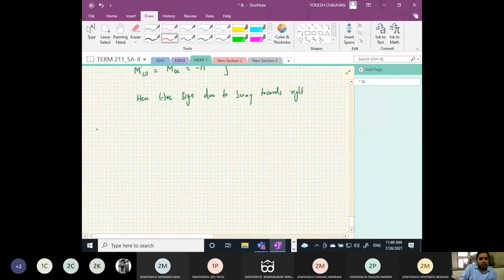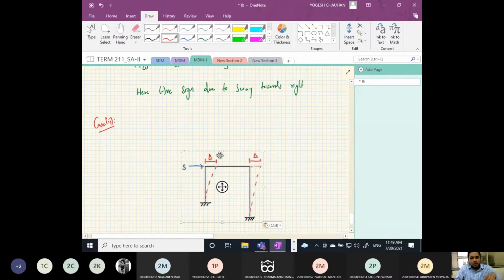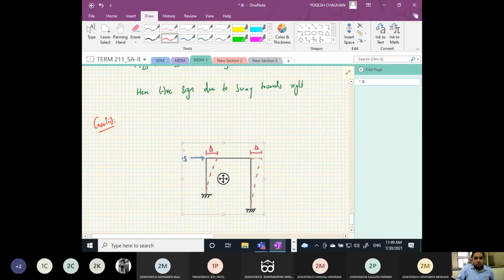Now the second case, when both ends are hinged.